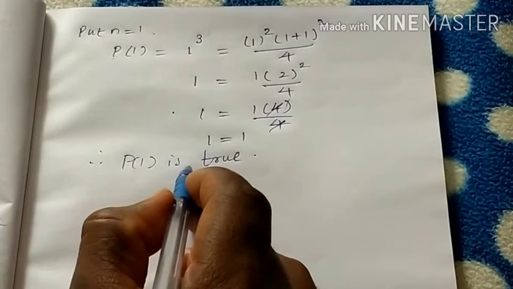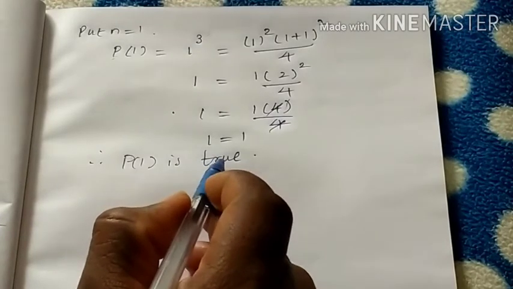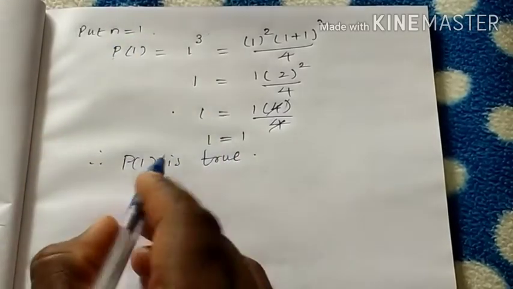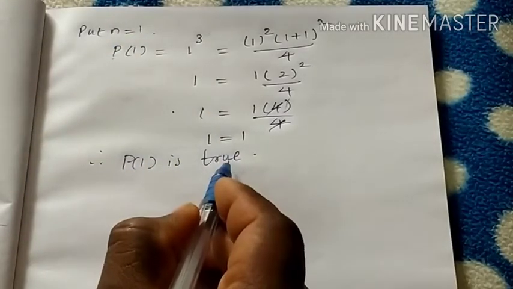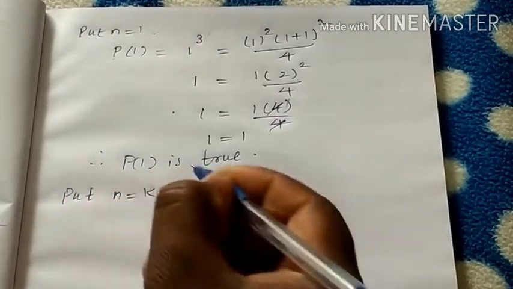The first step is to assume the given statement equal to P of n. The second is to put n equal to 1, then P of 1 is true. In the same manner, put n equal to k.